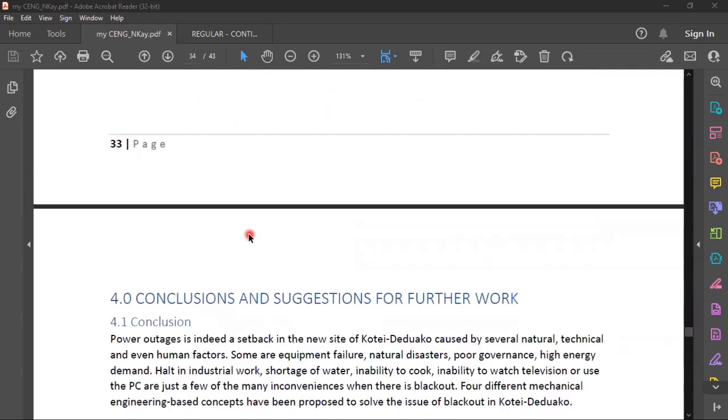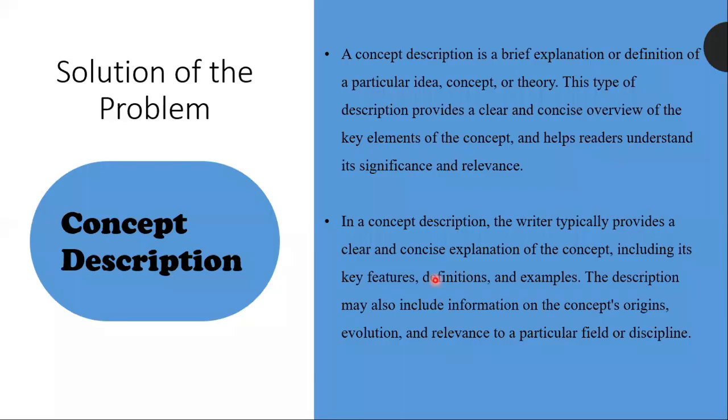Now the next section will be conclusions and suggestions for further work. That is the main part, the conclusion. Very, very important. So for today, we've captured the most important part of day 5. Right, good. Concept description is very, very important.